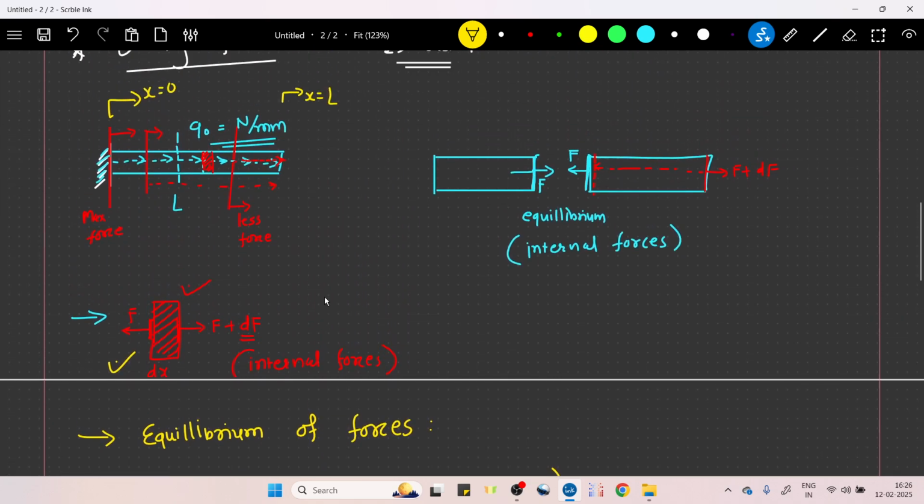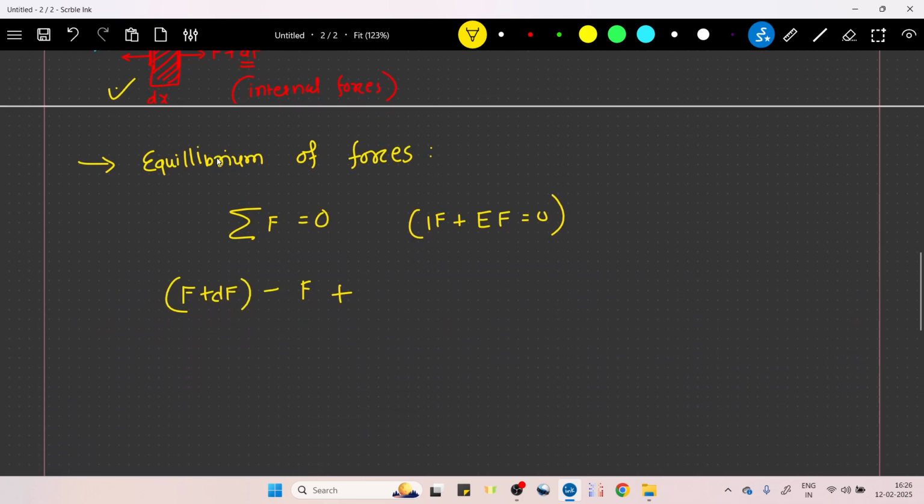So what is the external force? The external force is nothing but q0, which is newton per mm. I can say the external force on this section dx is going to be q0 dx, right? Newton per mm into mm, which is nothing but newton, is equal to 0.